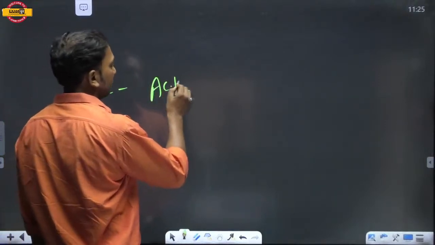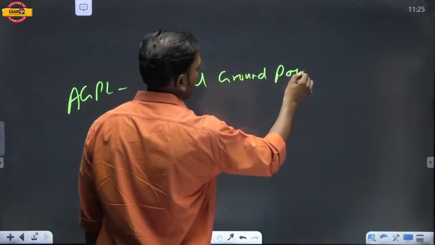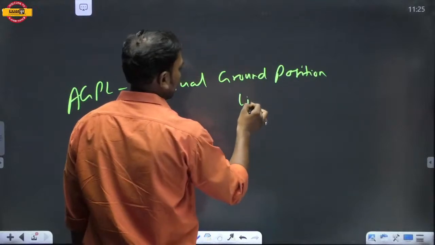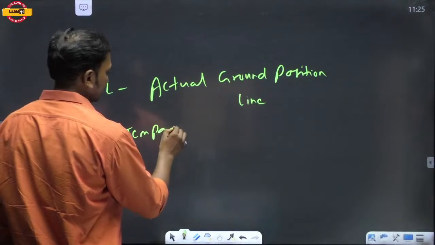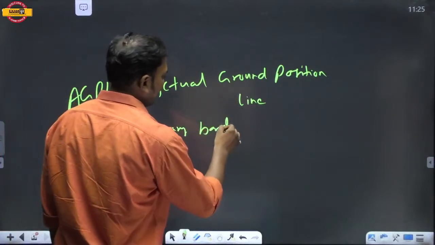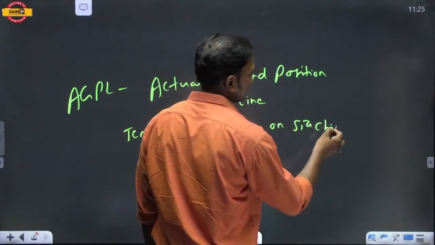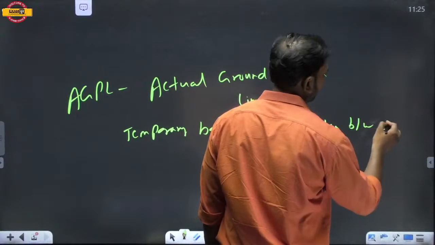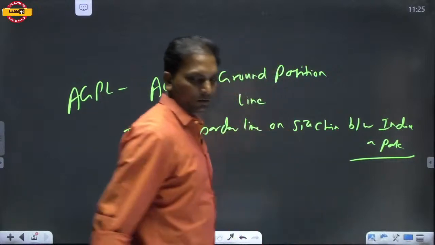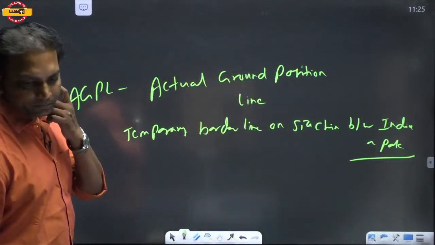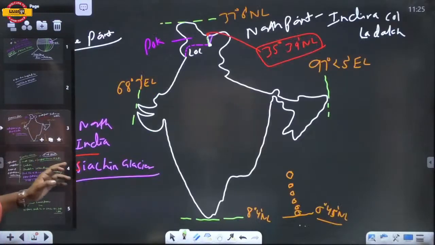The full form is Actual Ground Position Line, a temporary border line on Siachen between India and Pakistan. So that is about the Siachen.